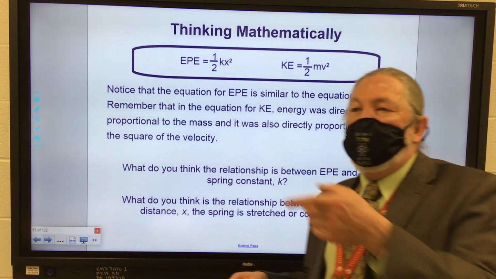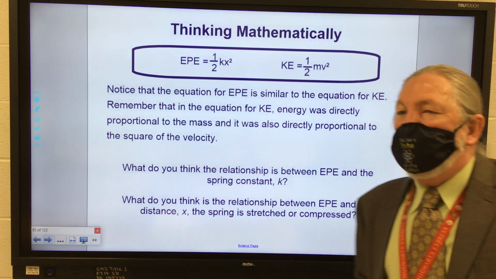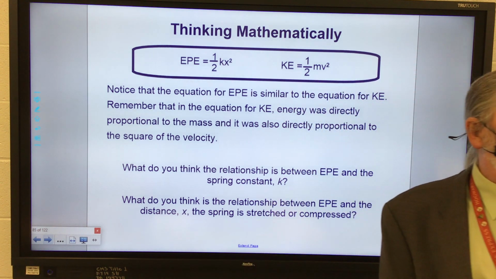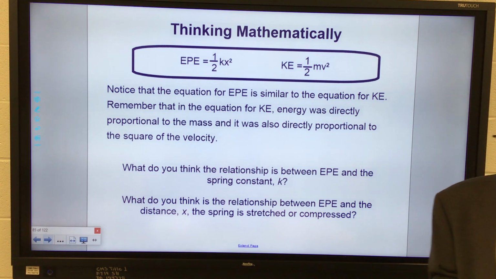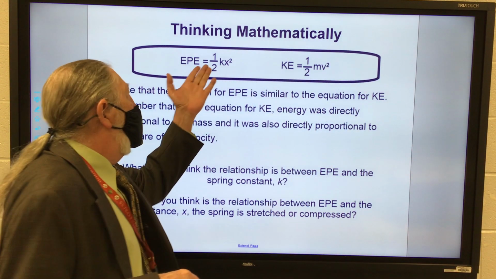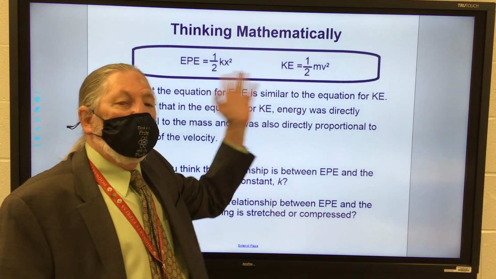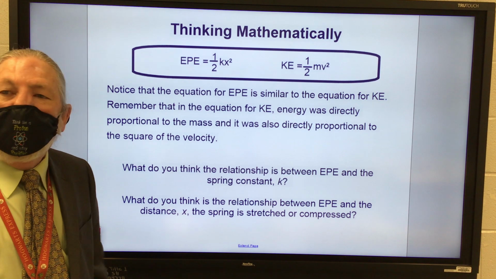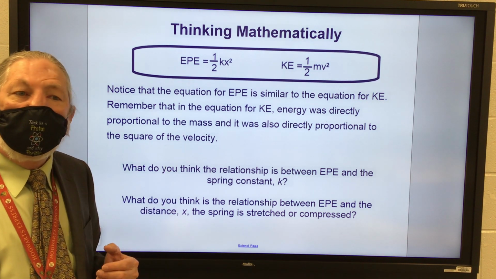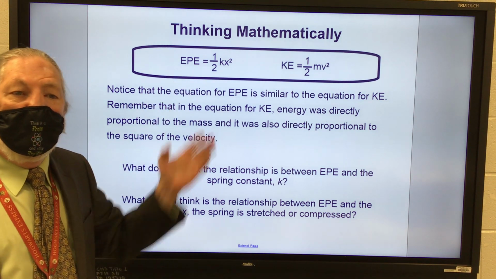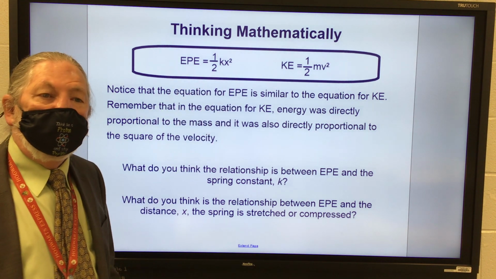Okay, Iris, do you think they're going to be directly proportional? It's okay to be wrong. We're just making an educated guess now. What do you say, DJ? These are similar ways to determine the energy, right? They are directly proportional here, so would you think they'd be here too, based on the way the problems are set up?